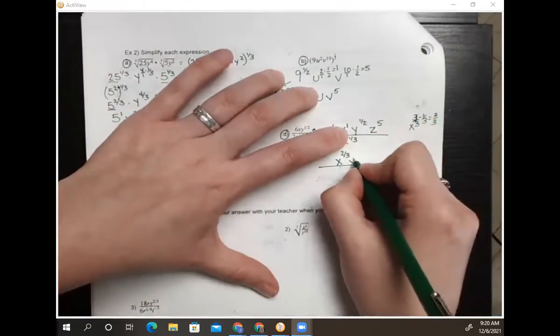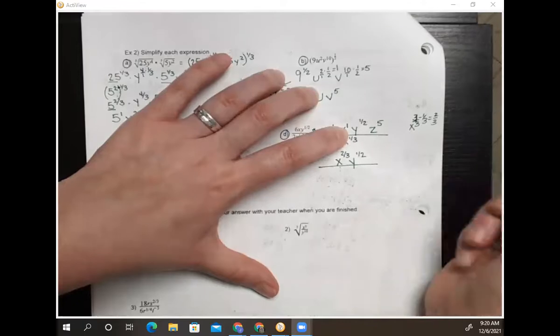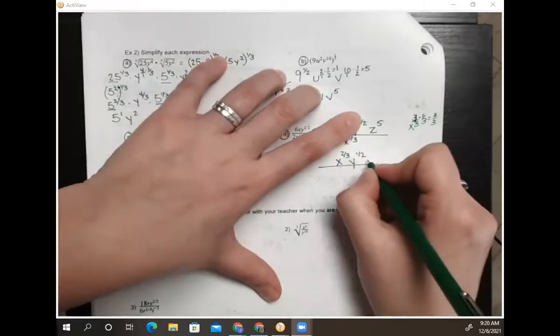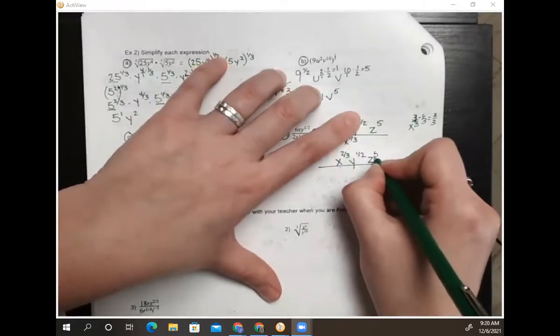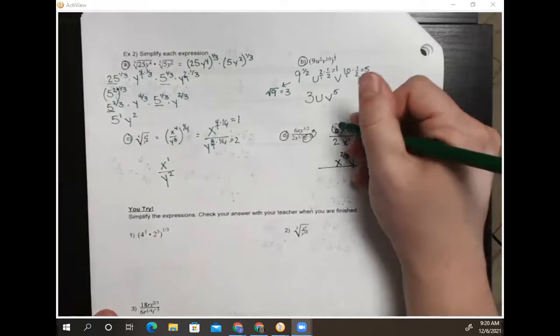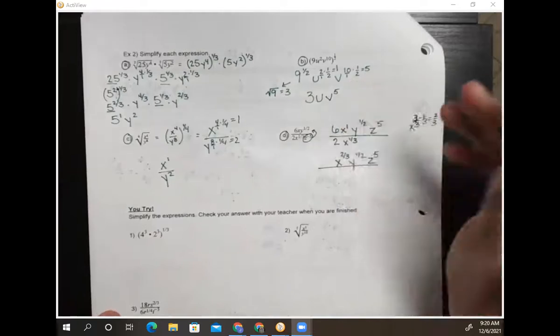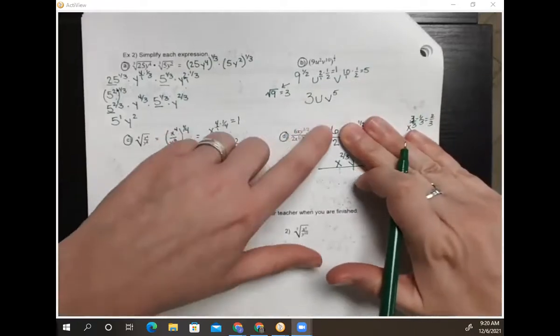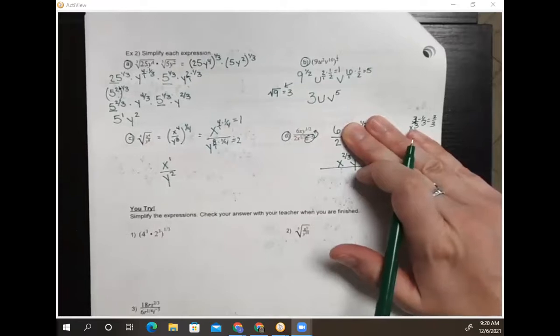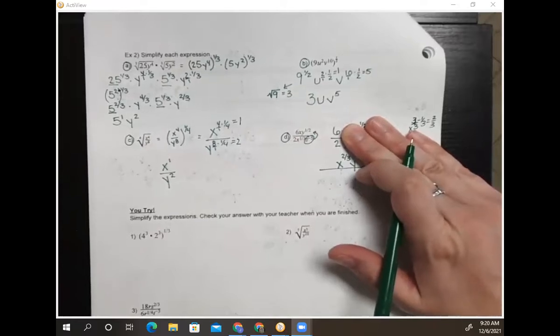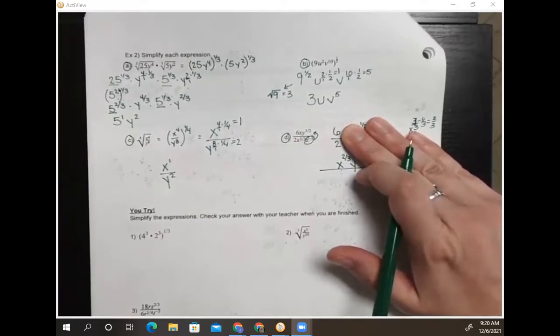This y doesn't have any other terms to combine, so it just stays y to the 1/2 on the top. Z, no like terms to combine with, so it stays z to the 5th on the top. And then the last thing I'm looking at are my numbers. Remember that our numbers don't have any exponents right now, so I'm not applying any exponent rules here. I'm just taking 6 divided by 2, okay?